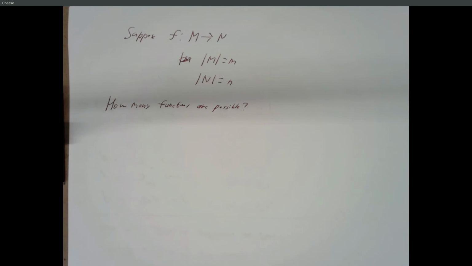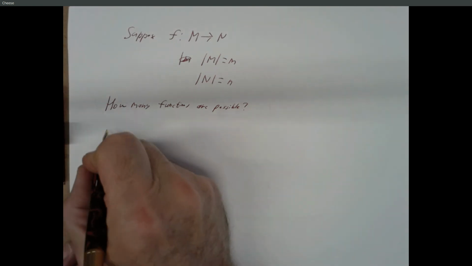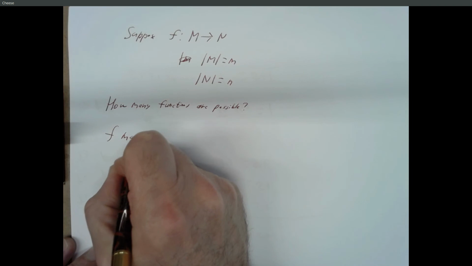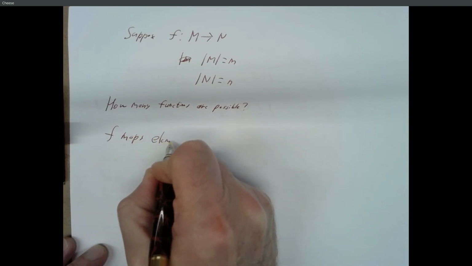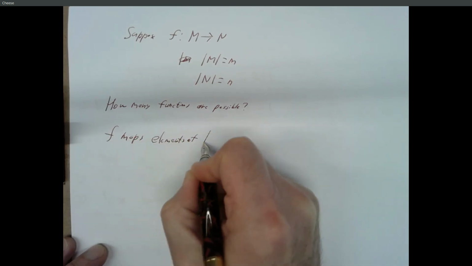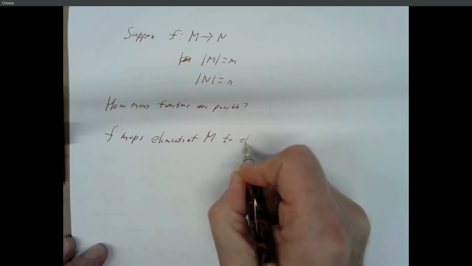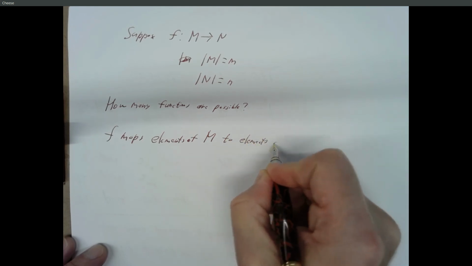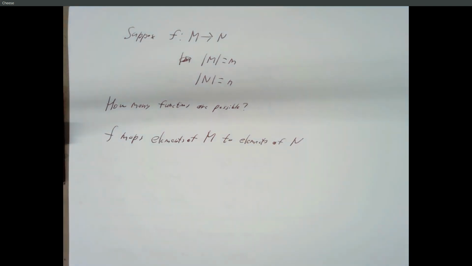It maps inputs to outputs. Okay, so f maps elements of big M to elements of big N. So for any element in M, we assign some particular element in N, which we say is what f maps that element in M to.